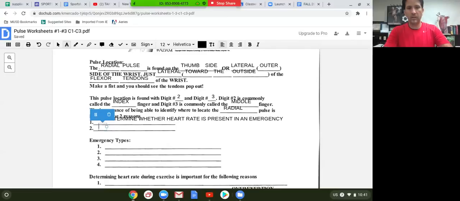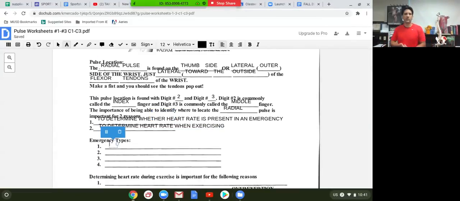And to determine heart rate when exercising. Okay, so to determine whether heart rate is present in an emergency, and then to determine heart rate when exercising. So those are two reasons why we'd want to find pulse.